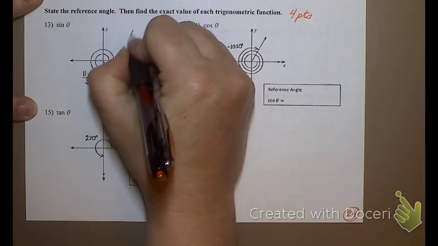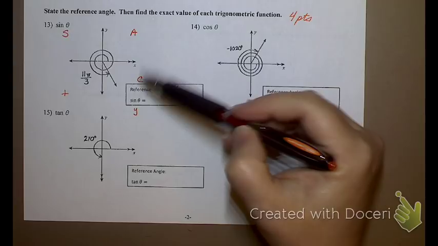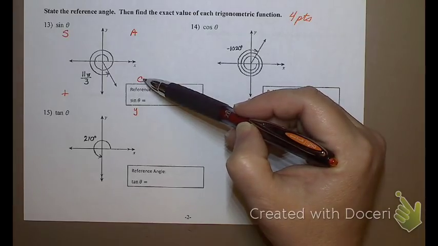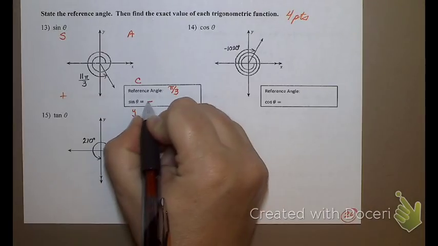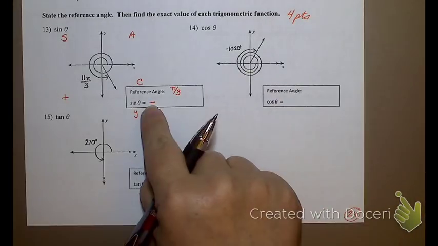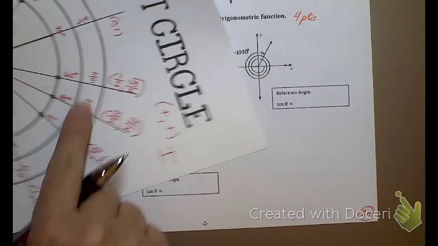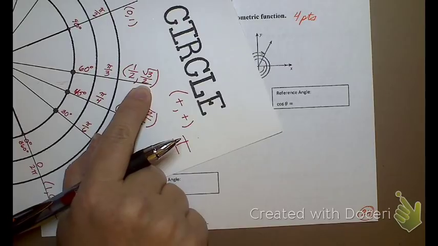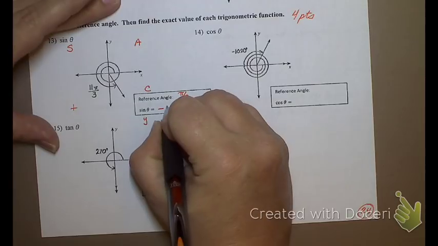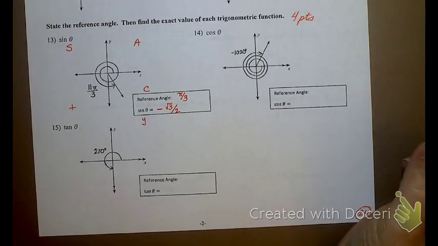Remember our all students take calculus? Well, in quadrant 4, cosine is the only thing that's positive, so my sine value is going to be negative. As soon as I know whether it's positive or negative, I just look at the reference angle, which is pi over 3. The sine value is radical 3 over 2. So I have negative radical 3 over 2. Easy enough?